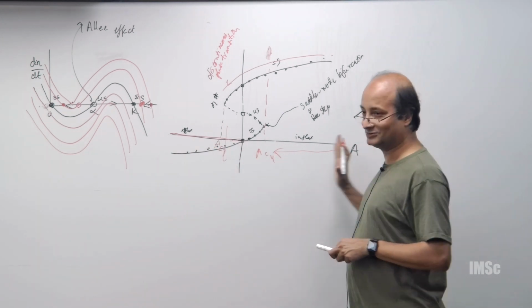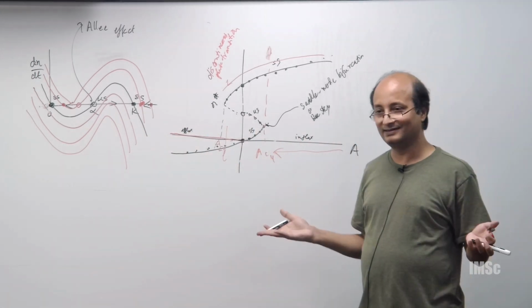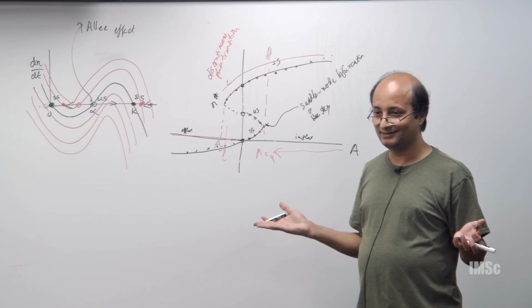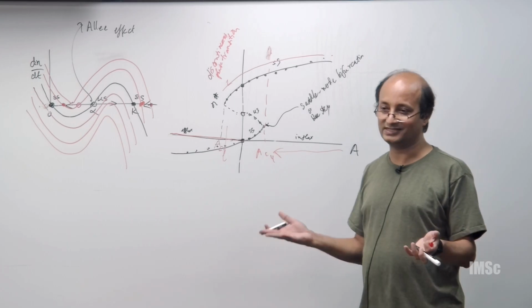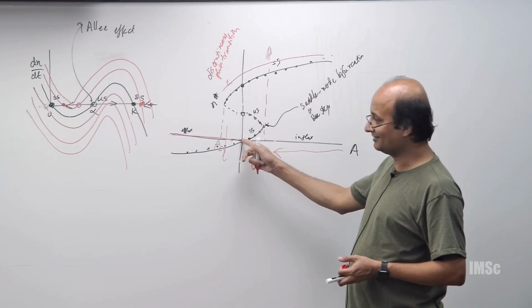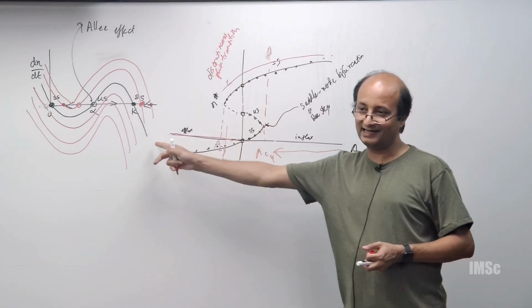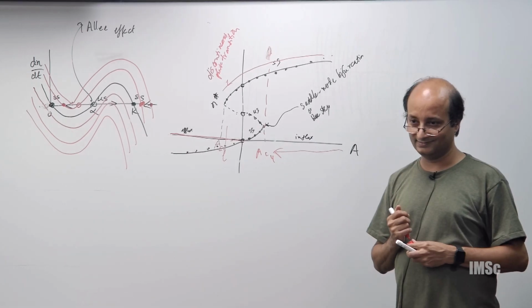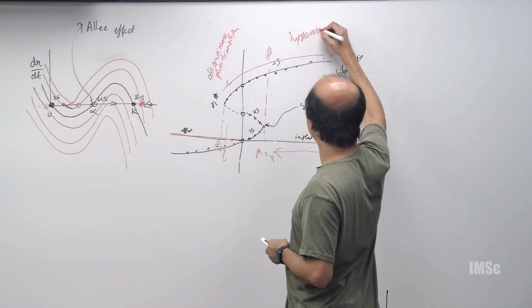Are you coming from a large population to low population or from a low population to large population can alter your course or what you see. So for the same value of A here, you could be either here or here depending on where you are coming from, a high population side or a low population side. So this is an example of hysteresis.